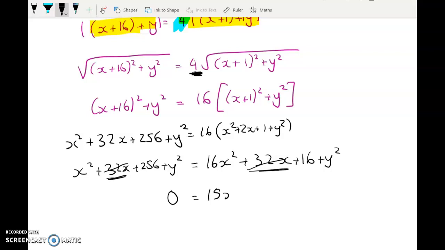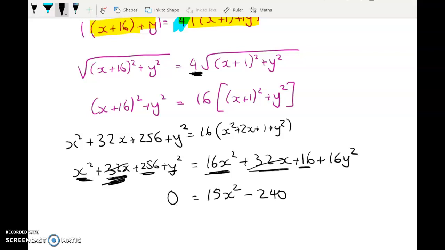So I've got 15x squared here, and 16y squared minus y squared, which is 15y squared. Right, so x squared terms first are done. These have gone, the x's, and now I've got 256 here and 16 here. So minus 240. But you can see where this is going.